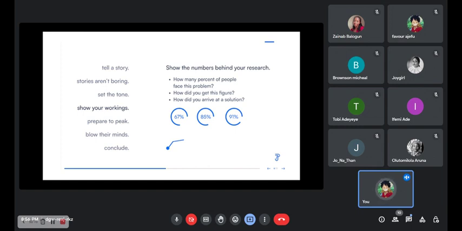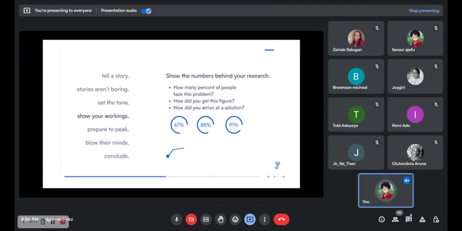Any of the research methods you use, whether it's Google Forms or in-person research or video call, whichever of the research methods you use, you try to generate metrics for how many people are actually facing this problem and find out how exactly the problem affects people, and that is where all these percentages come from.